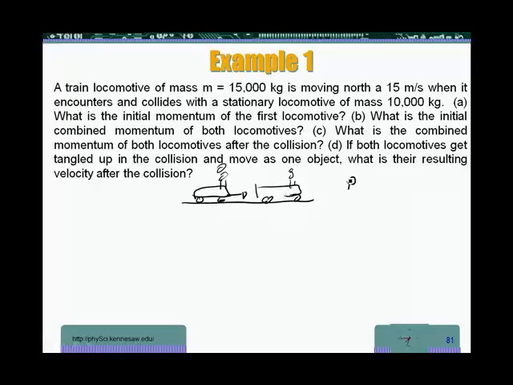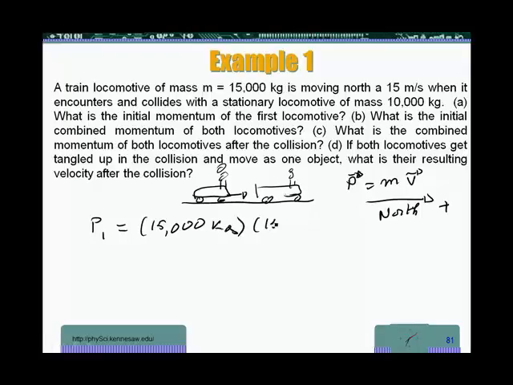Momentum is, remember, mass times velocity. So if we choose the north direction as positive, then my momentum of the first locomotive, let's call it P1, is going to be 15,000 kilograms times 15 meters per second.